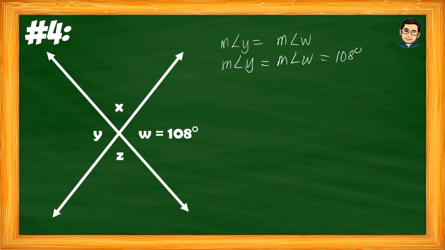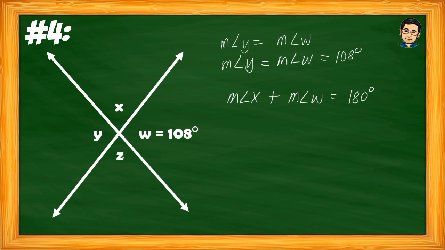Next, dun tayo sa X. Okay. So, the measure of angle X plus the measure of angle W is equal to 180 degrees simply because they are supplementary.